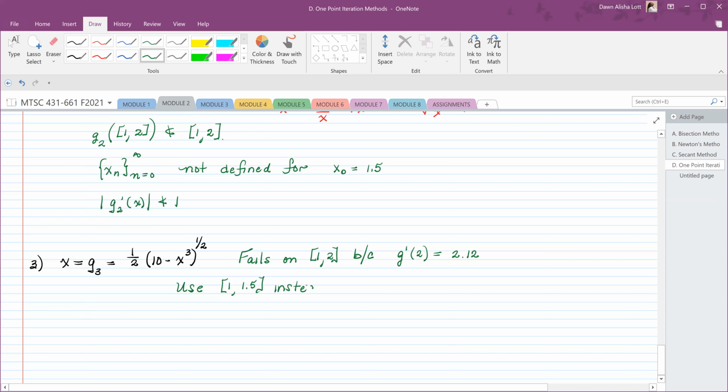So just use a smaller interval. And when we do that, the hypotheses are satisfied. And in general, this will converge in approximately 30 iterations.